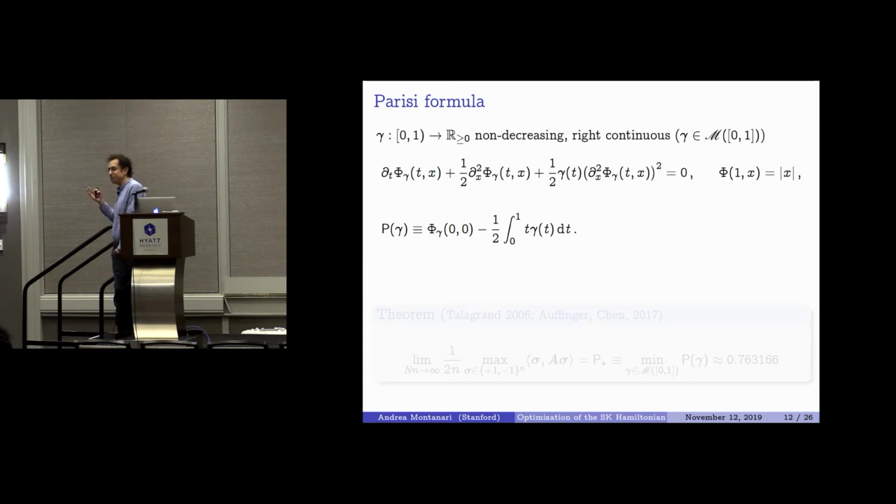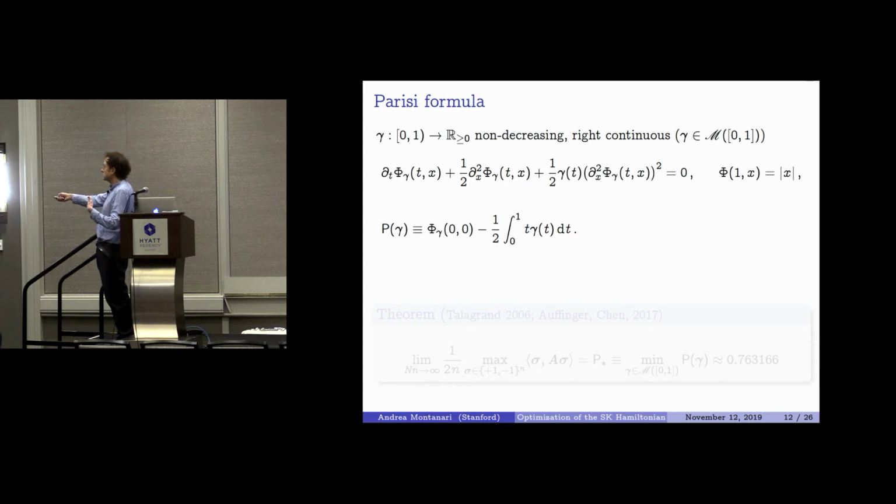It's a beautiful formula. Let me describe it to you. Let gamma be a non-decreasing function from [0,1] to the non-negative reals. I'll call curly M the space of such functions, and solve this partial differential equation. This is a partial differential equation in the unknown phi that you can solve backward in time from time equal 1 to time equal 0.